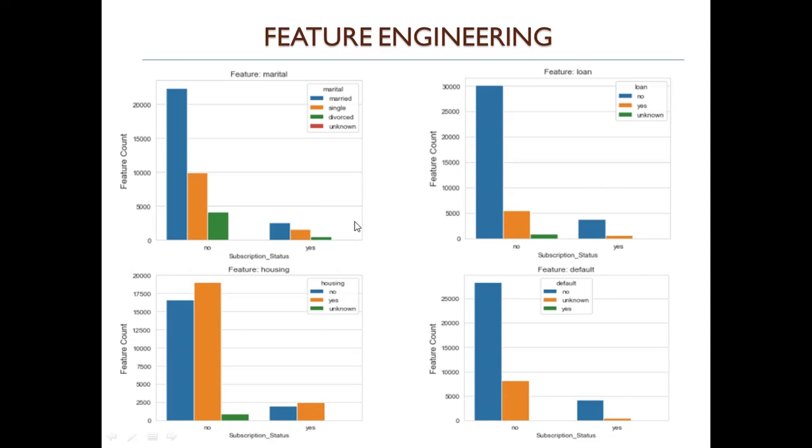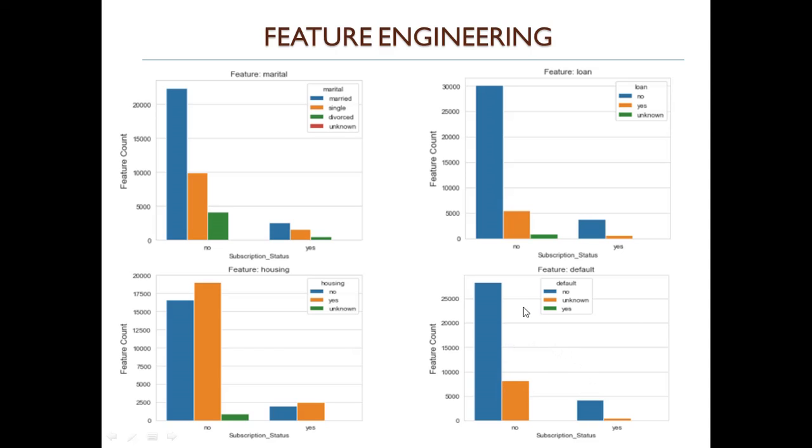For the marital status feature also, there's no unknown. For the loan feature, we have just a slight proportion of unknown as against the entire complement. Same also for the housing feature, but for the default feature, the unknown entries are quite large.